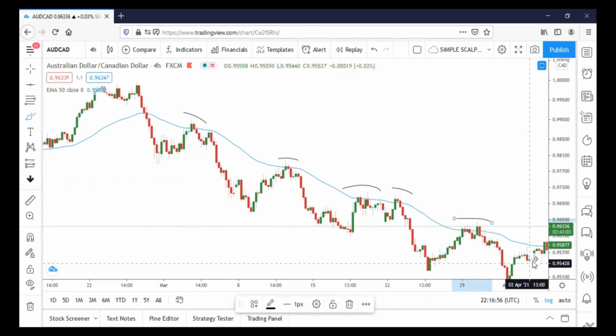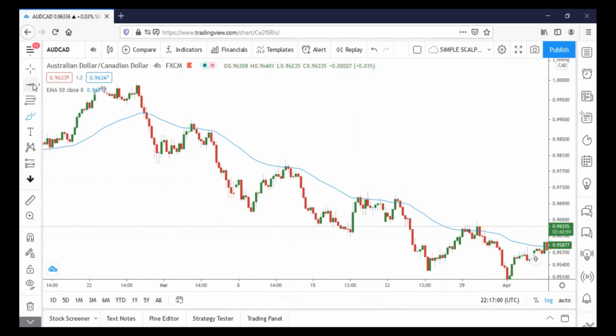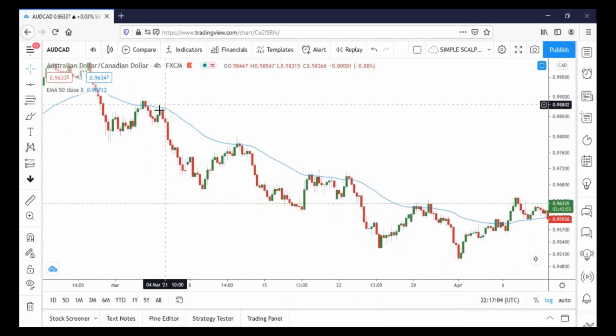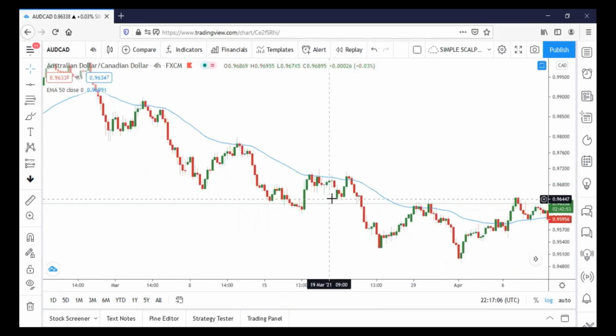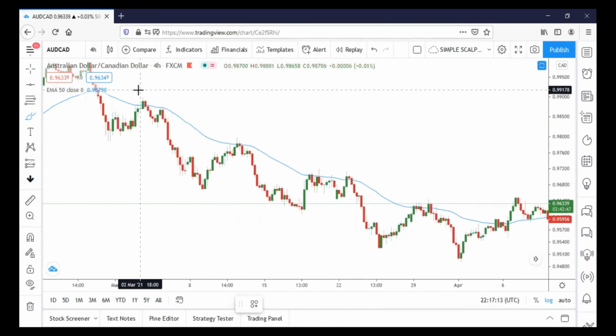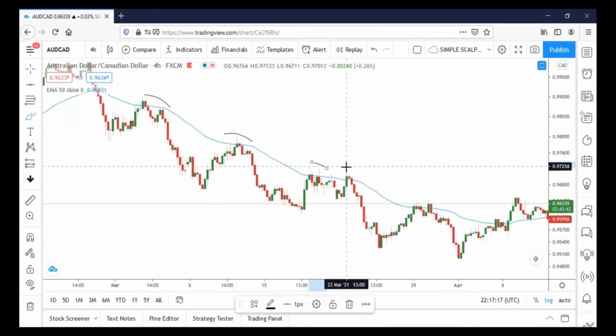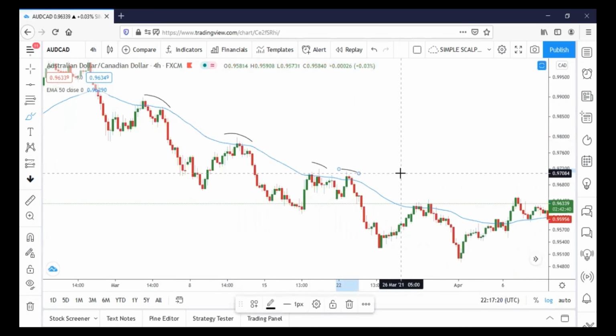Like I said, we don't want to take trades blindly. We want to wait for price to pull back into the 50 EMA. Each time price pulls back into the 50 EMA, that is where we start looking out for a trade, and we look out for our candlestick pattern.